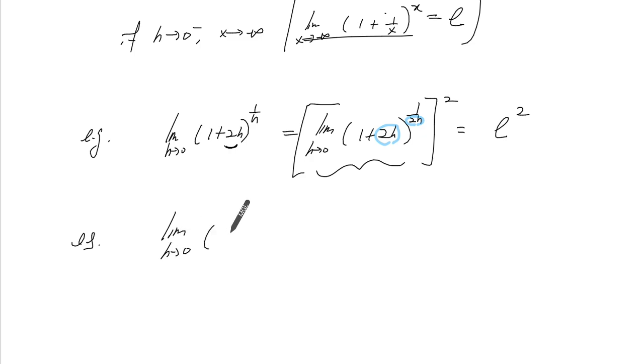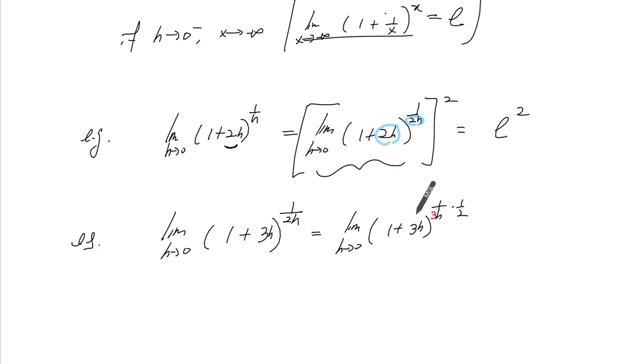Let's do one more. Let's change it to 1 plus 3h, and let's change this into 1 over 2h. So I changed both of them. How can we accommodate this one? So 1 plus 3h. I really want this to be 3h. So let's think of this as 1 over h times by half. So I want this to be 3, right?